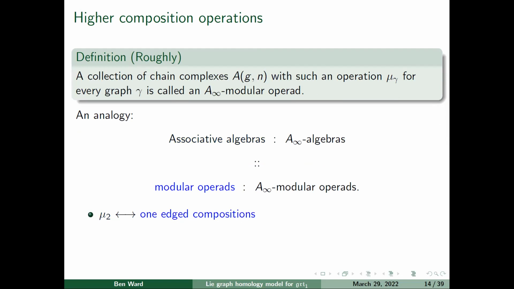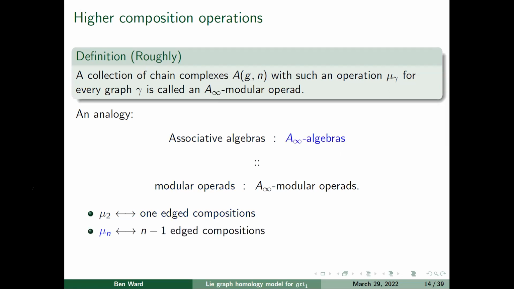And then you say the order didn't matter. On the other hand, in an A infinity algebra, there's a mu n, a way to multiply n things together, which is a generating operation. It can't be decomposed into smaller operations. And likewise, with an A infinity modular operad, there's an n-1 edged composition, but it's a generating operation. It can't be decomposed into just doing one edge at a time.